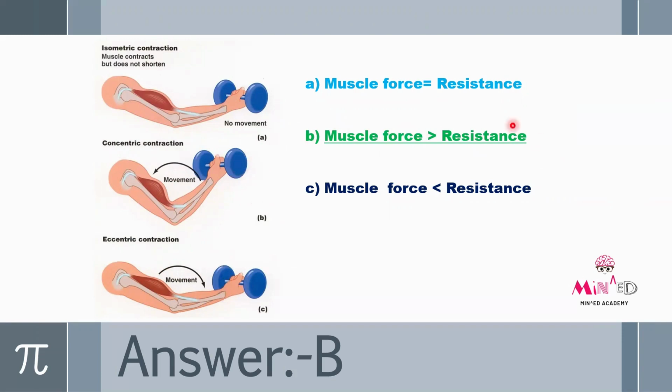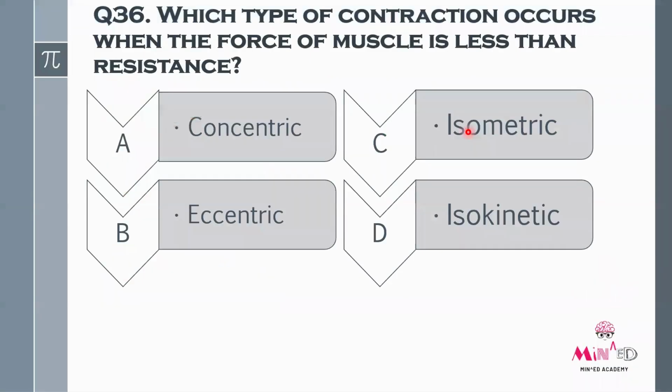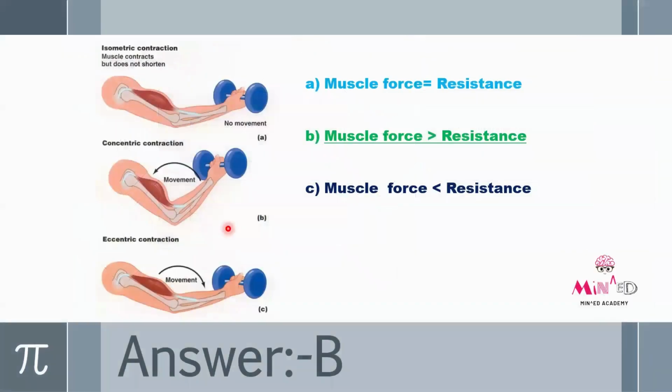So, as per our question, the answer will be option B. Okay, that is eccentric contraction. Since the force of muscle is less than the resistance, the resistance will push the arm downwards. Okay, so it is eccentric contraction. That is option B.